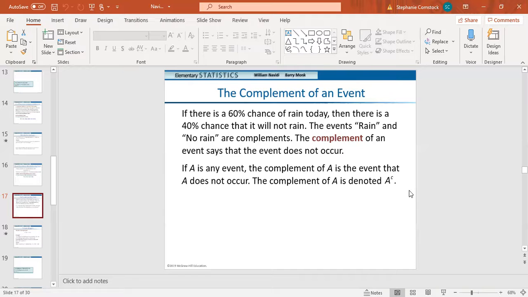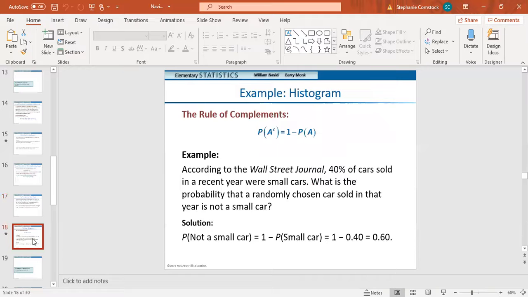Now, notationally, we use an A with an exponent of C for this, okay? A couple of things we look at: in order to find stuff, the probability of the complement is 1 minus the probability of the event.